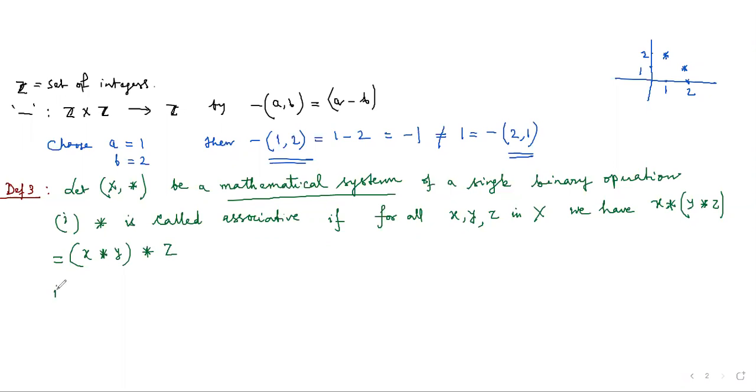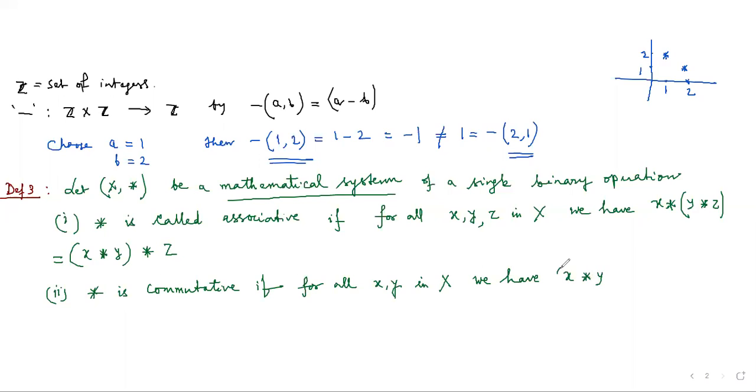And number 2, star is commutative. Star is commutative if for all x, y in X, we have x star y is equal to y star x.